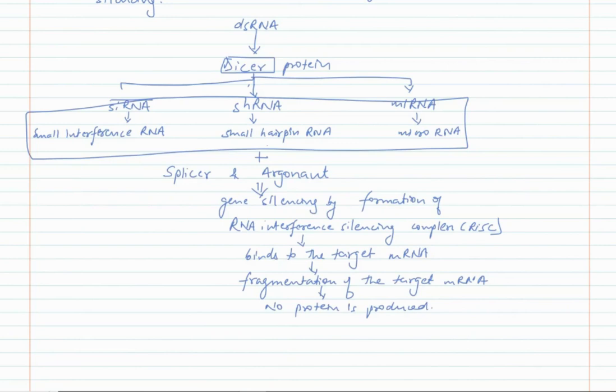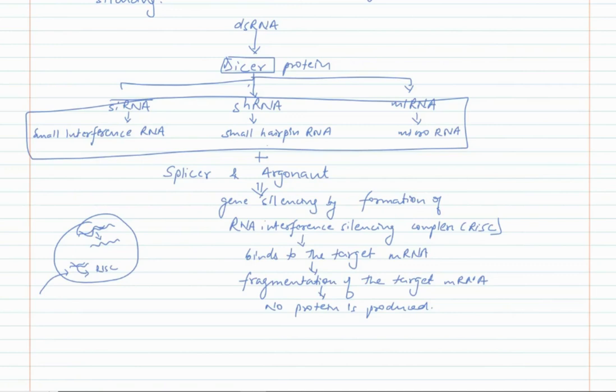For example, if this is a cell, in this cell, this is my double-stranded DNA. It will be transcribed to form a single-stranded mRNA. Now what I do is I introduce a double-stranded RNA. By the help of these above mentioned enzymes, dicer and argonaute, it leads to the formation of RISC, the RNA interference silencing complex.